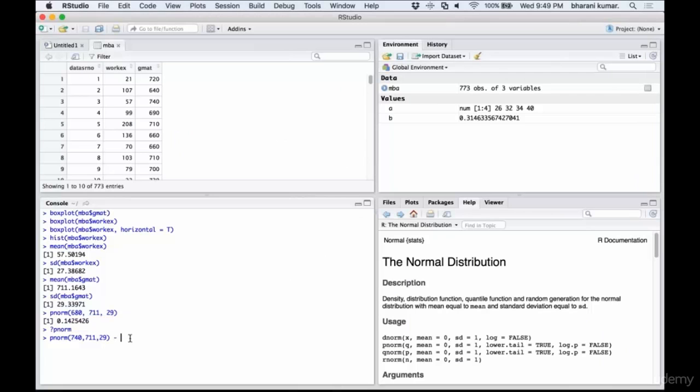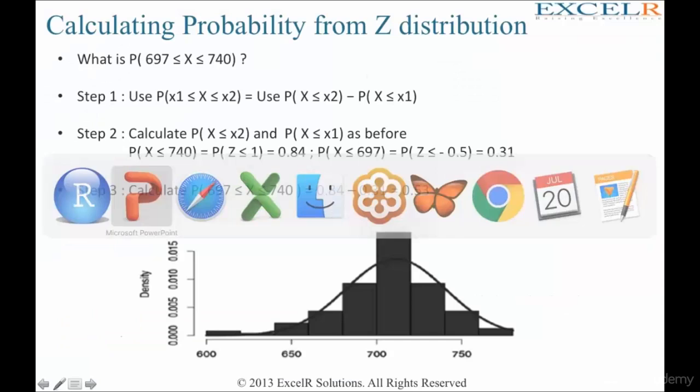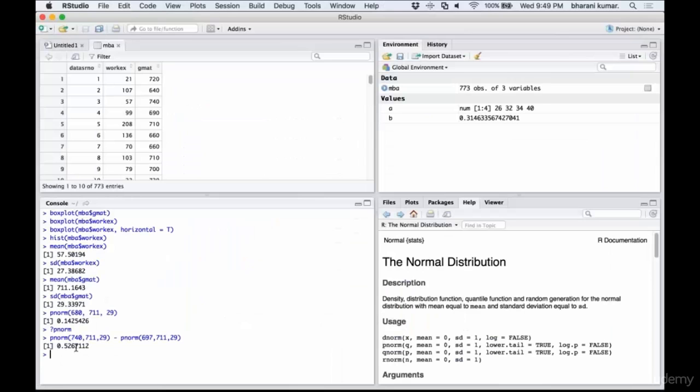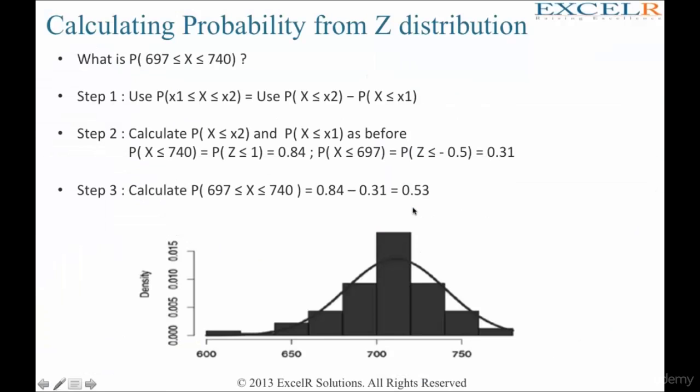Minus, I can directly do it this way, pnorm of 697, 711, 29. You get 0.526, which can be rounded off to 0.53, and you get that roughly.